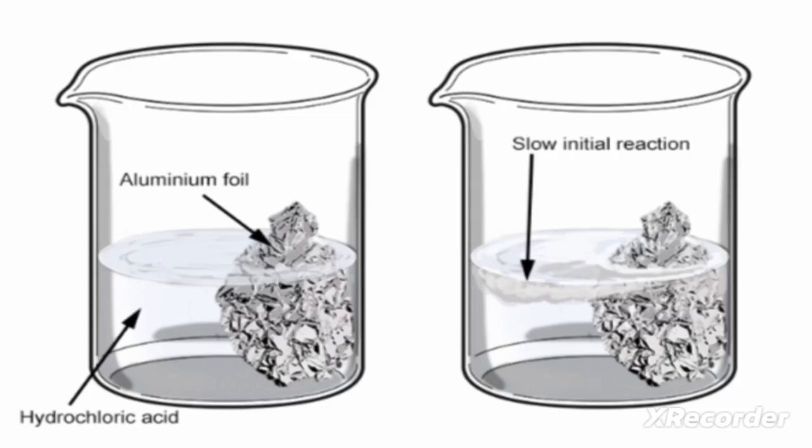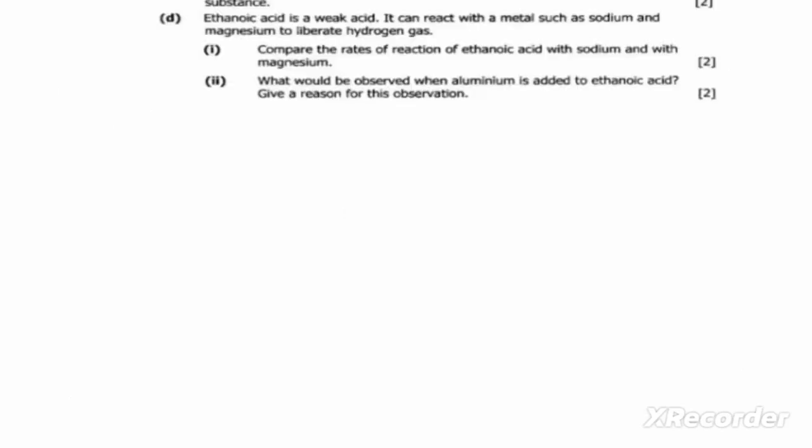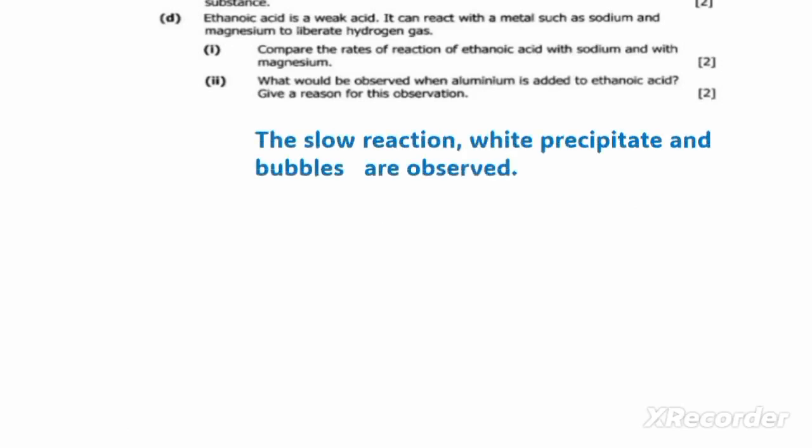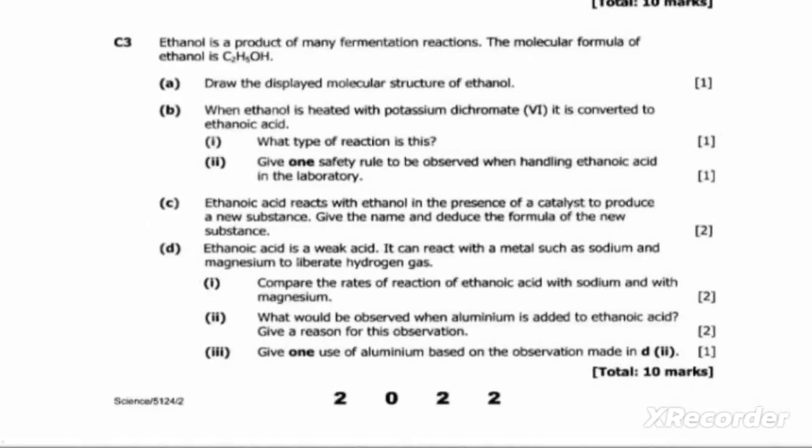We are going to see white precipitate on top, and you will also observe bubbles as the reaction is taking place. So the slow reaction, white precipitate, and bubbles are observed.